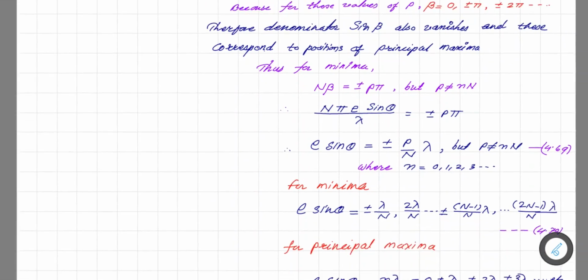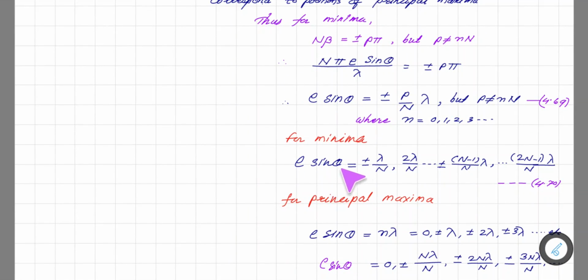So now for minima we have e sine theta is equal to plus minus lambda by N, 2 lambda by N, up to plus minus N minus 1 upon N lambda, and then 2N lambda. Remember that the most important thing here is that p equal to n times N are excluded.